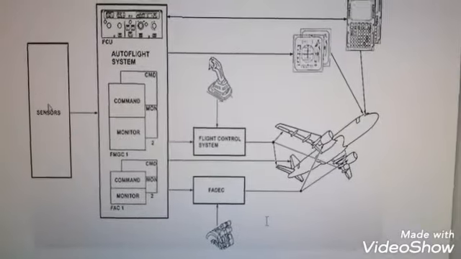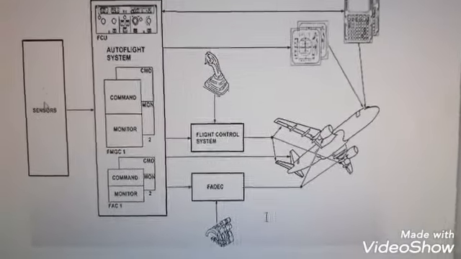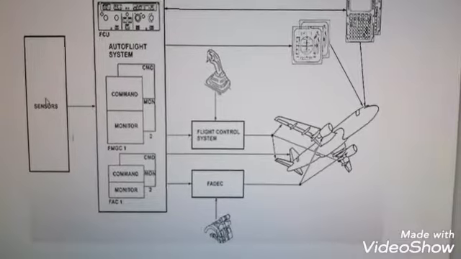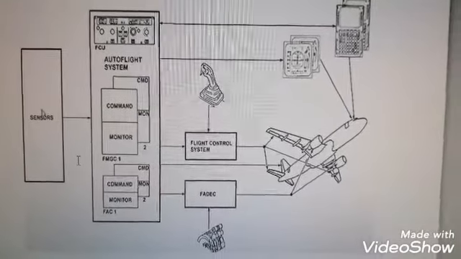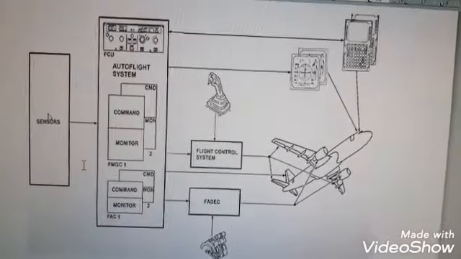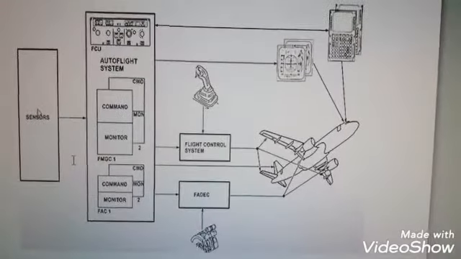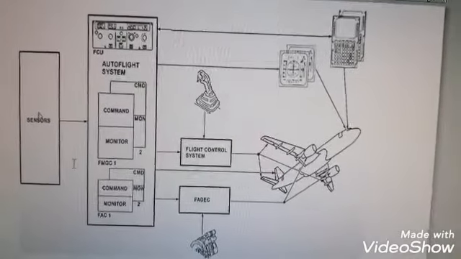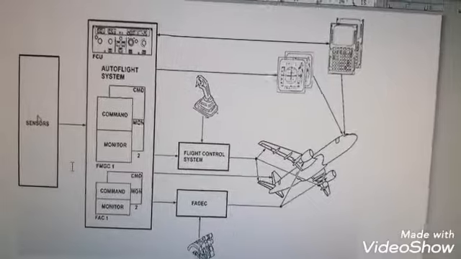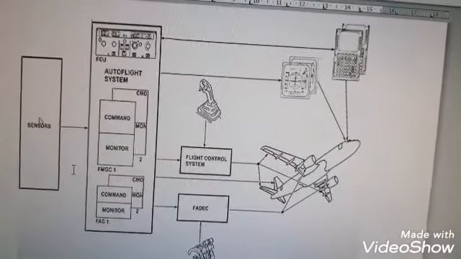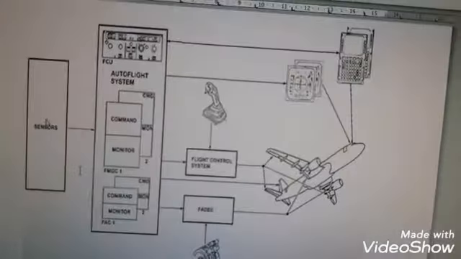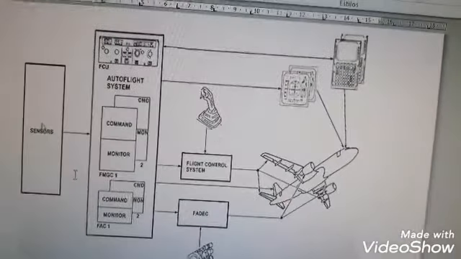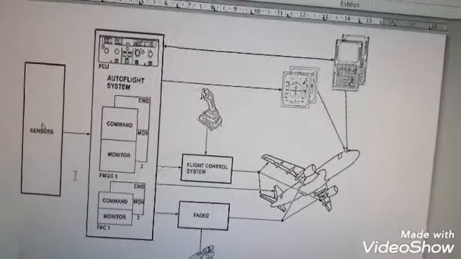Well, in the autopilot, the sensor is very important because the sensor obtains values all the time, and the sensor system is responsible for collecting those analog values and converting them into electrical signals.